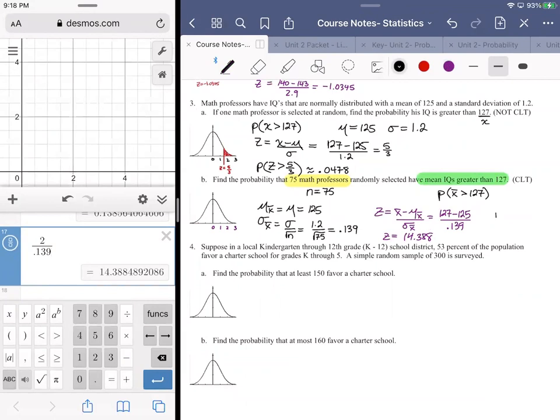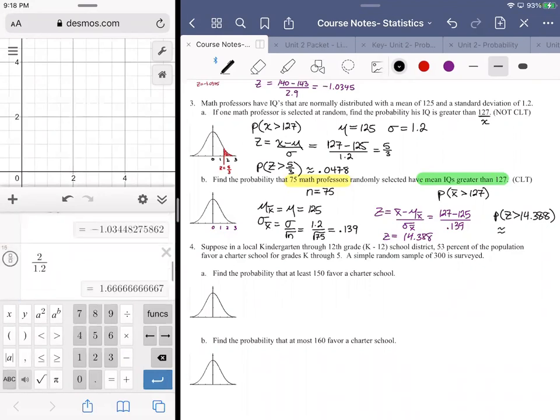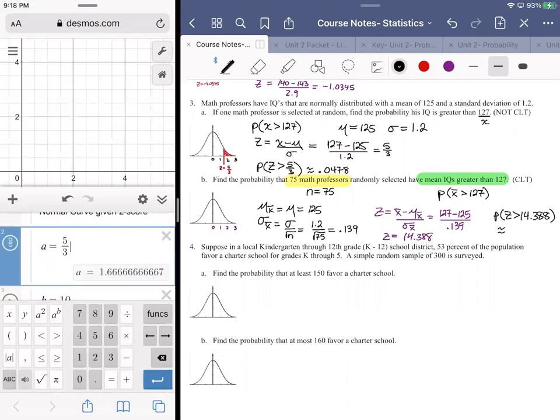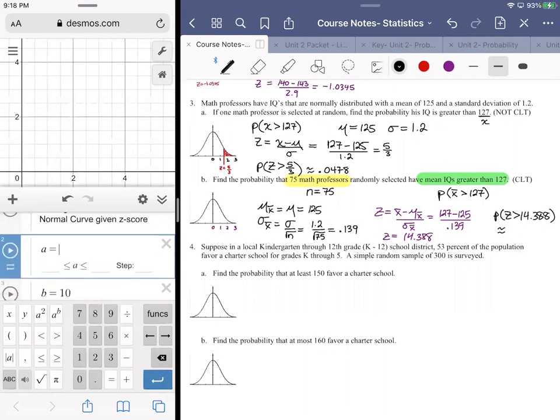So this is going to amount to the probability that Z is greater than 14.388. Now, if I go to my area under the curve model, I type in the 14.388.